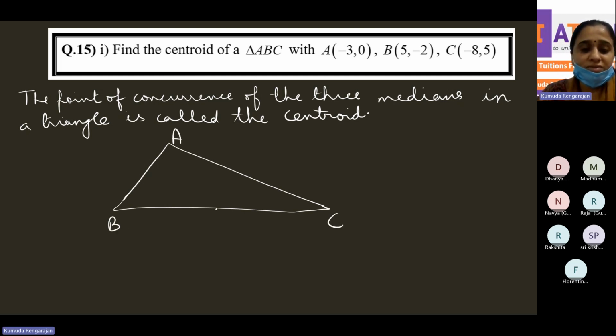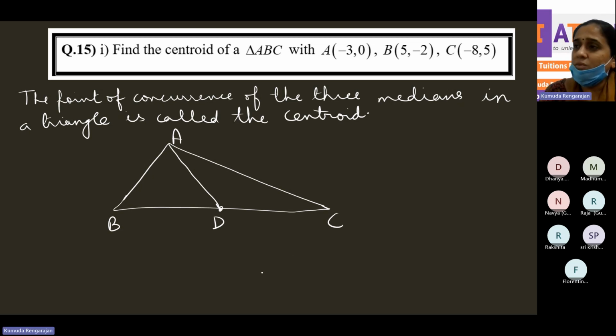Mark the midpoint of BC, D. So what is AD? AD is the median on BC because D is the midpoint of BC. So if you join AD, AD is the median on BC.